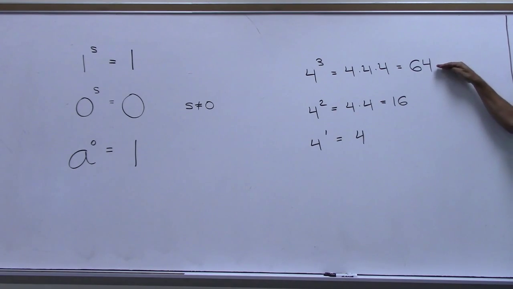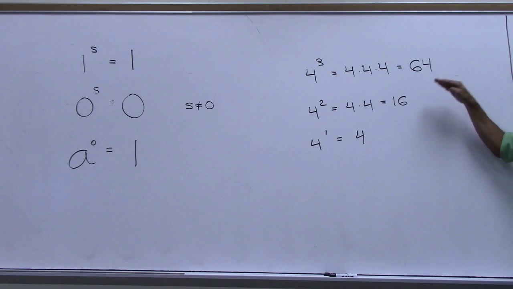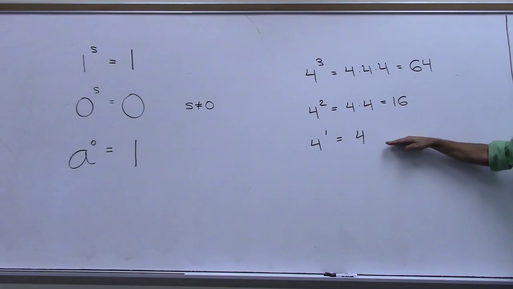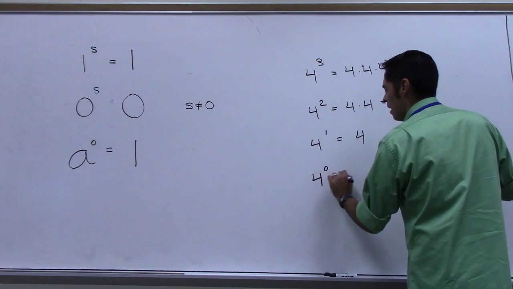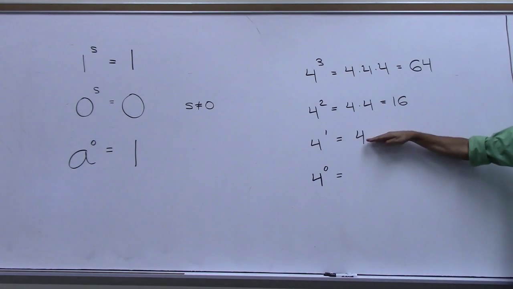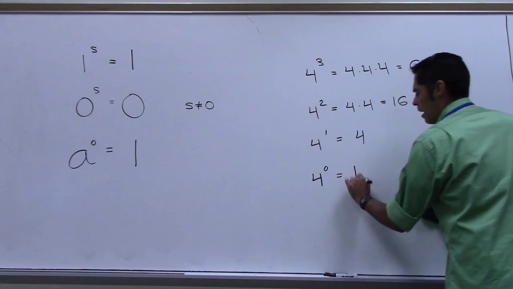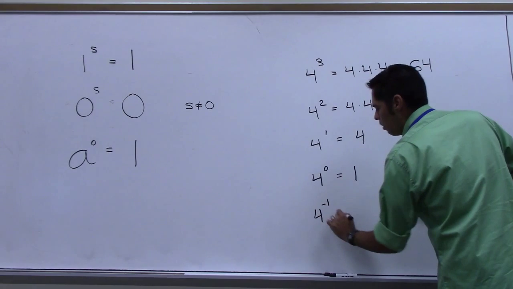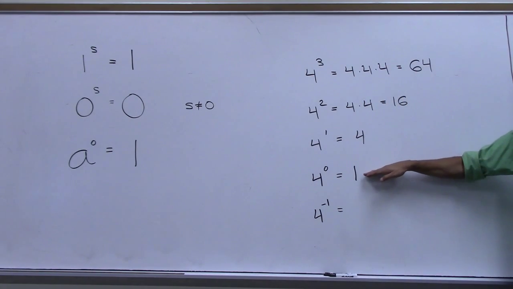If I want to go from 64 down to 16, what do I do? Divide by 4? From 16 down to 4, divide by 4, right? And if I do 4 to the 0, then I should get whatever I get when I take that and divide by 4, which should be 1, right? And then what's 4 to the negative 1? Well, according to what I've been doing, it should be whatever I get when I take that and divide by what?